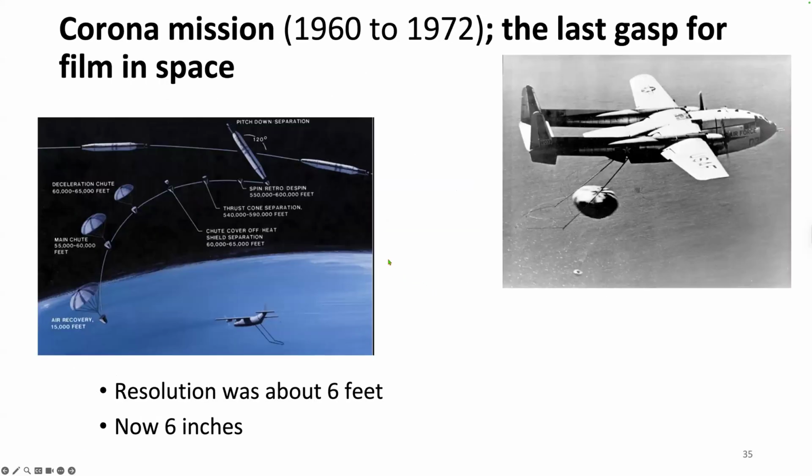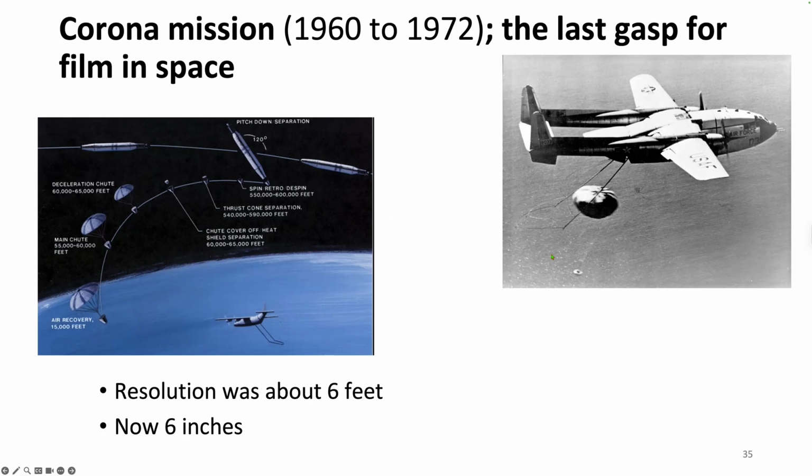And even up to the 1970s, even for our intelligence community, they were still using film. Film is better than glass plates, but the Corona mission was one, you might remember this, where the spacecraft flew around, took pictures of our enemies, and then dropped a canister of film caught by this aircraft, and then they processed the film.